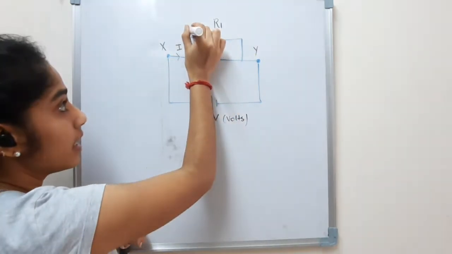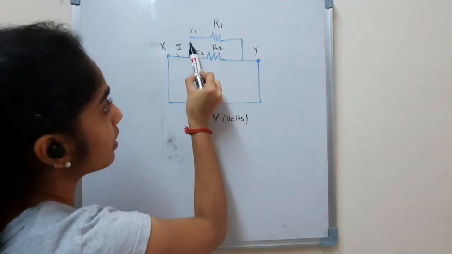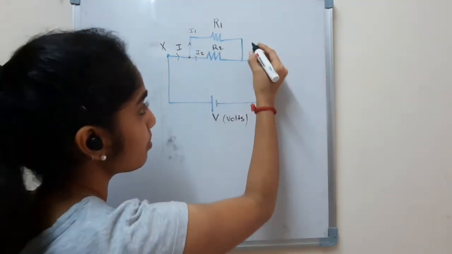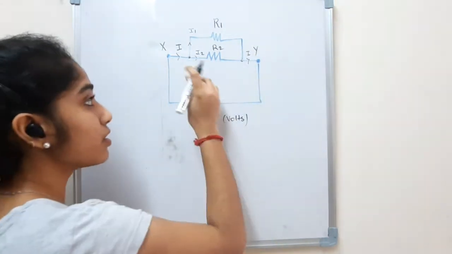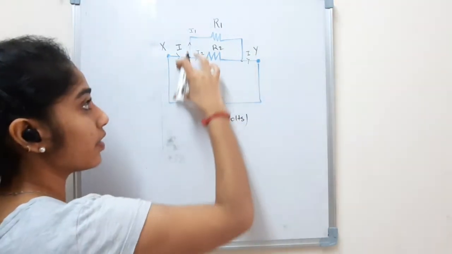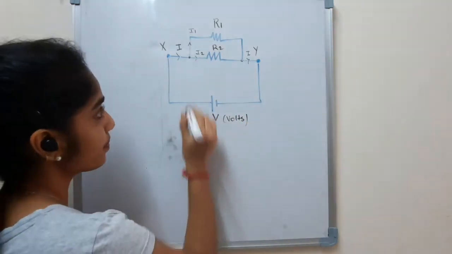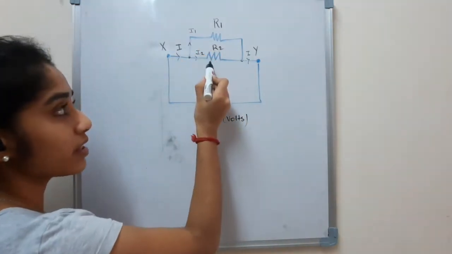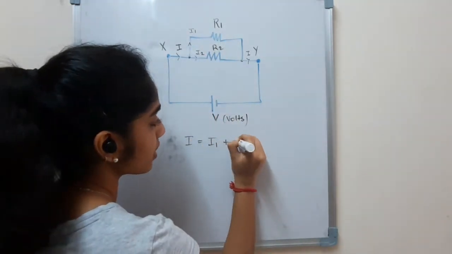So let's say I1 and I2, and they travel across the resistors and join back again and give out I, right? So in the whole loop, the total current is I. So I is equal to I1 plus I2, right? It's getting split up. So we can write the equation I equals I1 plus I2.